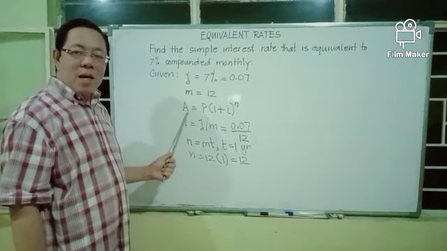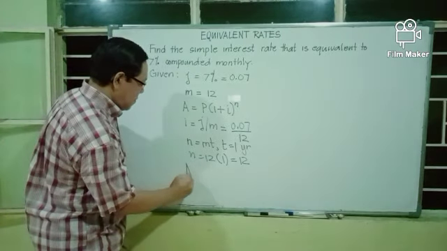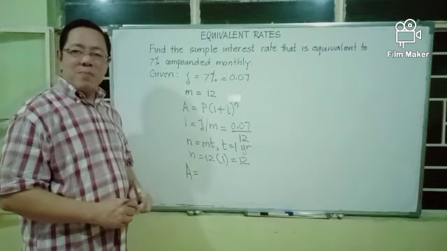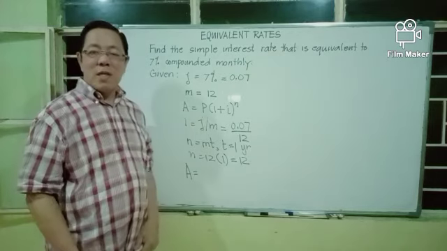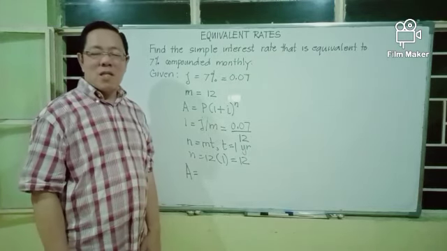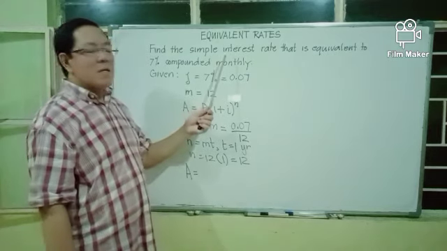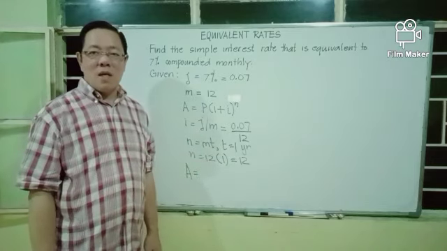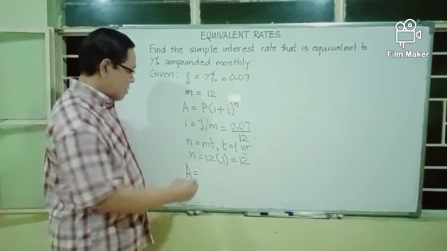Now, the principal P is not given, but we would leave P as is because later on in our equation from which we will obtain the simple interest rate, the P would cancel out.